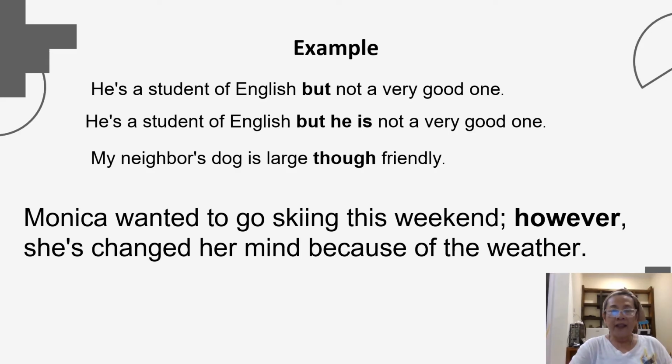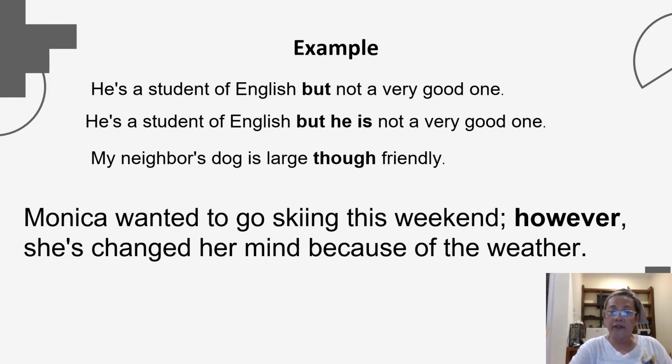Okay, sebelum kita memulai menggunakannya untuk clauses, mari kita lihat contoh berikut ini. He is a student of English, but not a very good one. Di sini penggunaan kata but adalah menunjukkan contrast. Perhatikan perbedaan antara kalimat yang pertama dengan yang kedua. For the first sentence, you don't use a complete sentence. But for the second sentence, you use a complete sentence.